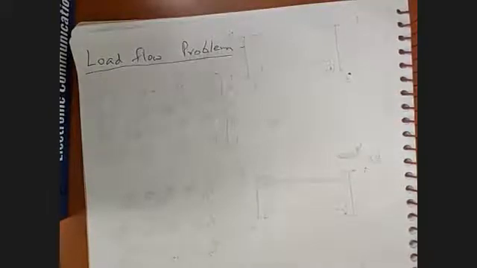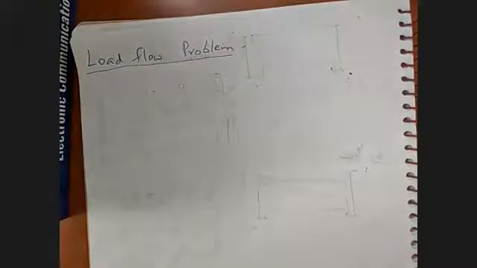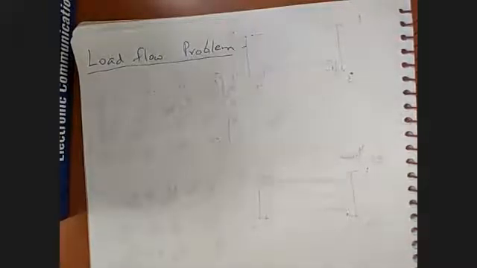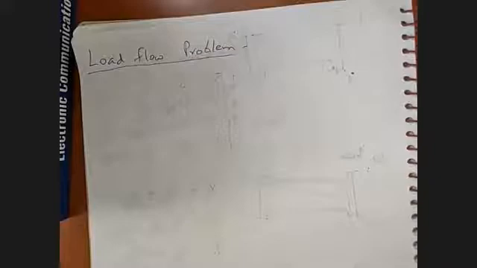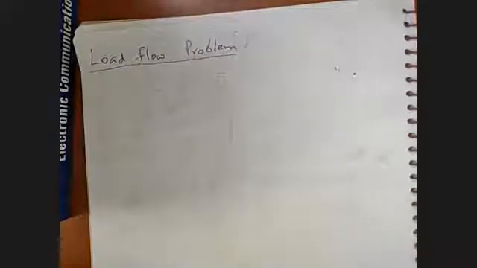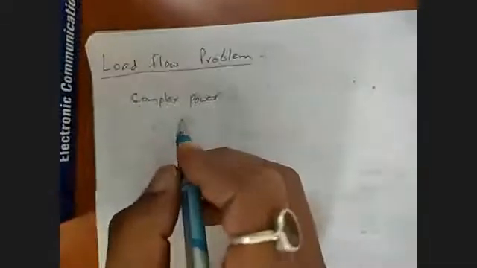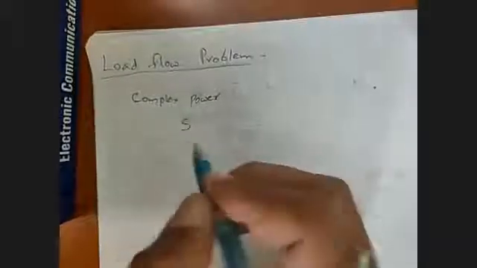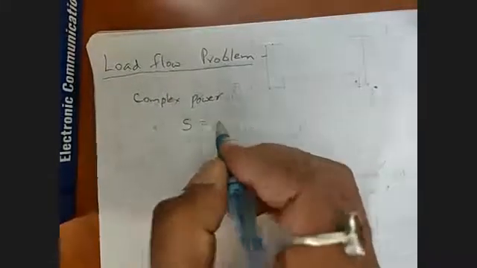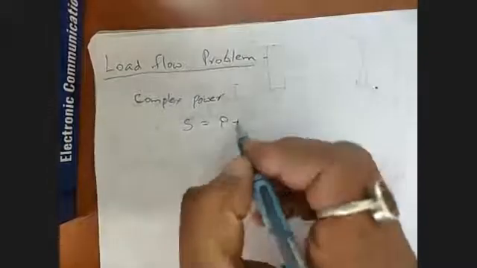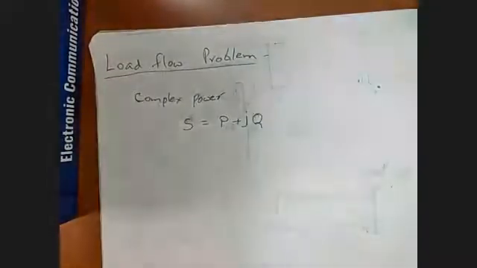So today we will be discussing the load flow problem, how that equation will be formed and how this is solved. You all know about complex power. Complex power is S, and that is indicated as P plus jQ.